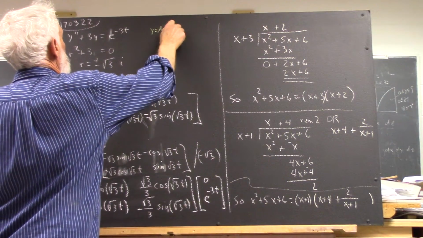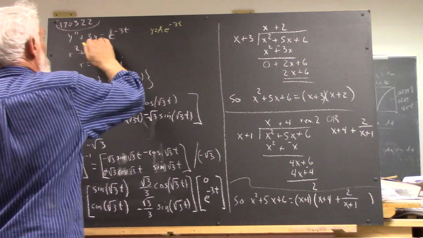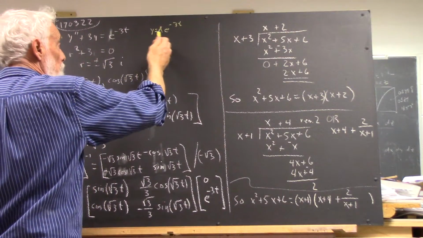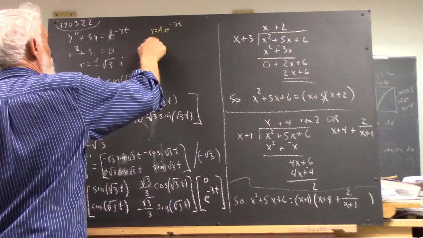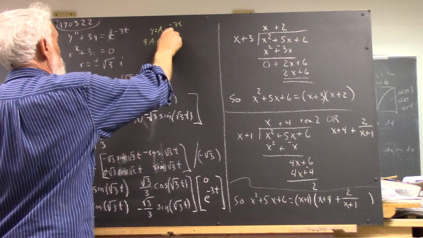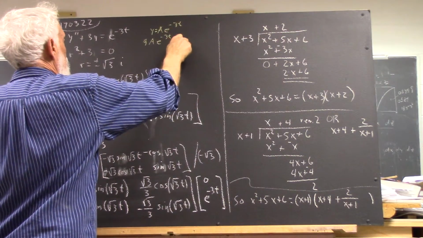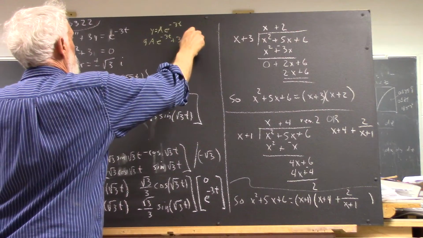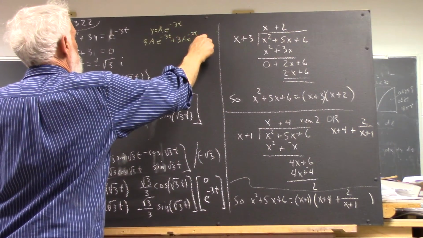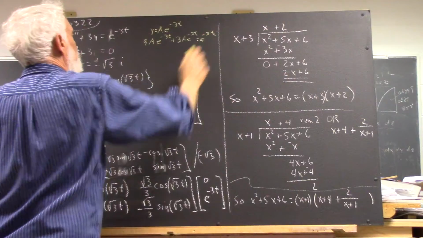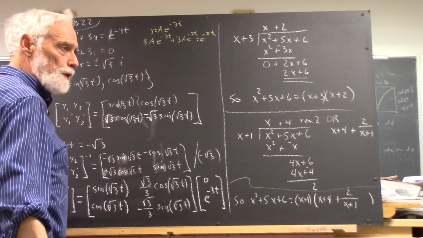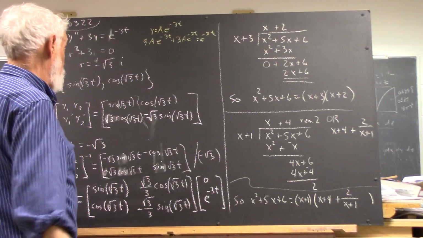Let y equal a e to the negative 3t, then our equation becomes, well, y double prime is going to be 9a e to the negative 3t, and then we have 3a e to the negative 3t equals e to the negative 3t.